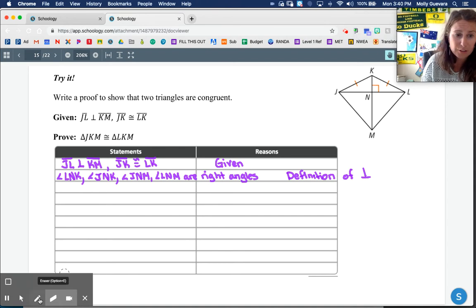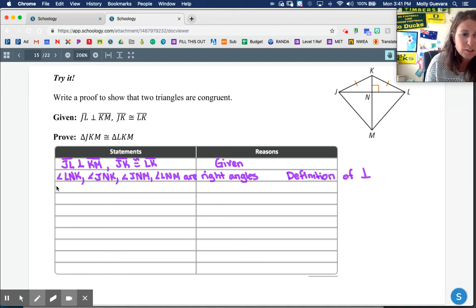By definition of perpendicular, all of those angles are right angles. So then I can say that since all of these are right angles, all four of these are right triangles, right? So I can say triangle LNK, triangle JNK. It's really hard to write this small, I'm sorry.